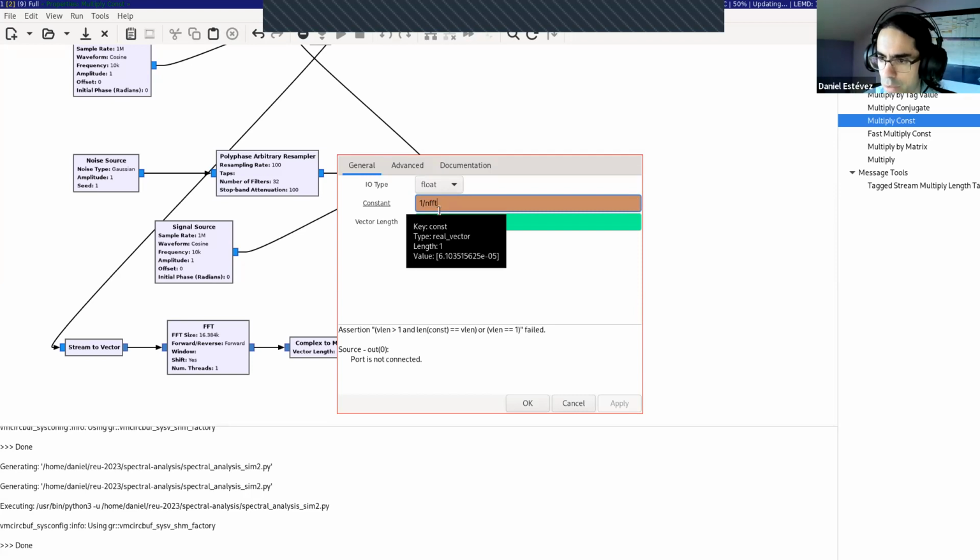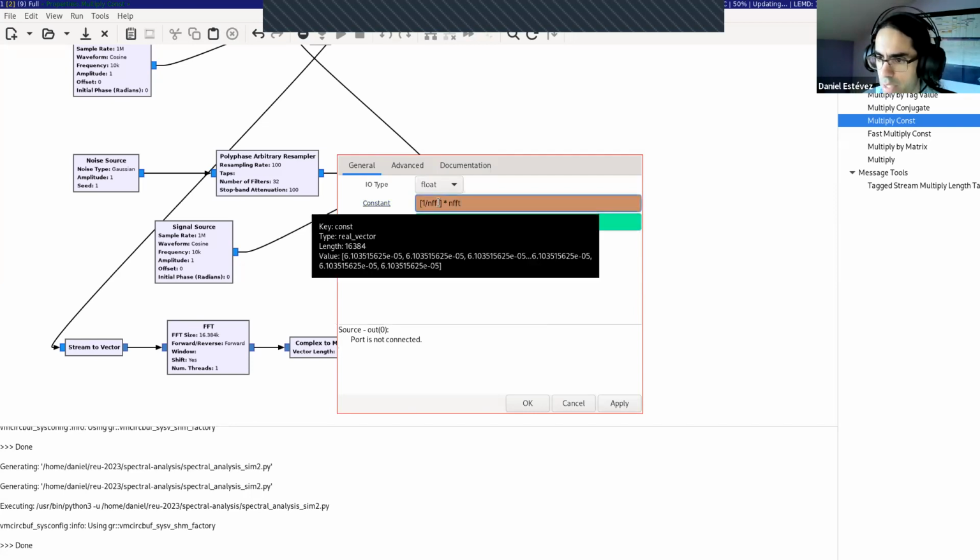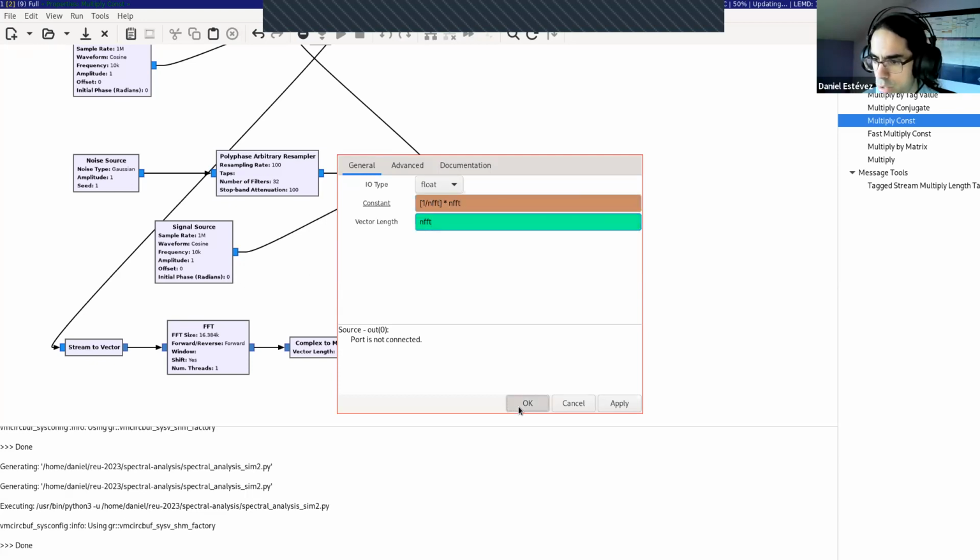The way to do this is to repeat this 1 divided by NFFT, NFFT times, and we can do this with this Python signal. So this replicates the contents of a vector, and so we get a Python list with 16,000 elements. Each of them is the same number, 1 divided by 16,000. So that's the constant we want.